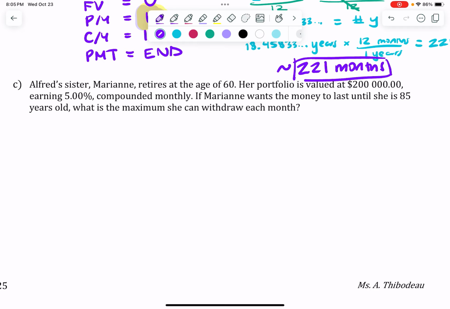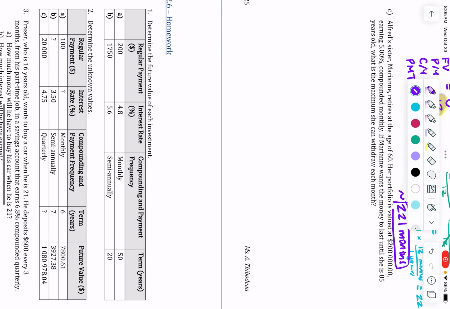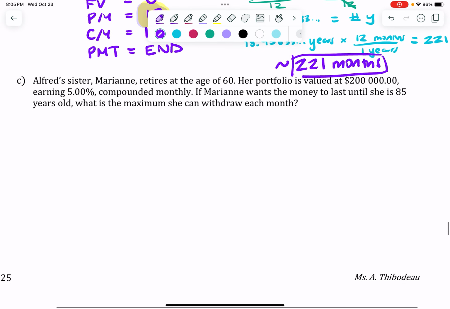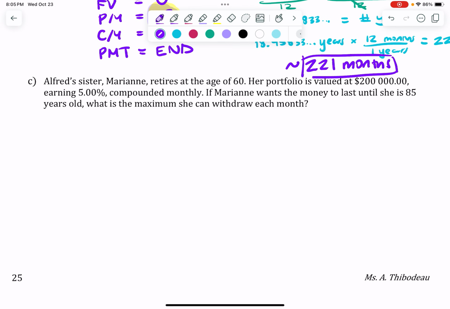Marianne is different from Alfred, which means I'm not actually pulling any previous information from part A or part B to answer this question. This is a brand new question, talking about a brand new person. Alfred didn't give any money to Marianne. There's nothing going on other than the fact that they happen to be related. Okay, we want to know how much money she can withdraw each month to have her money last until she's 85.